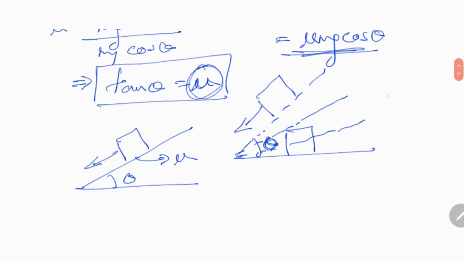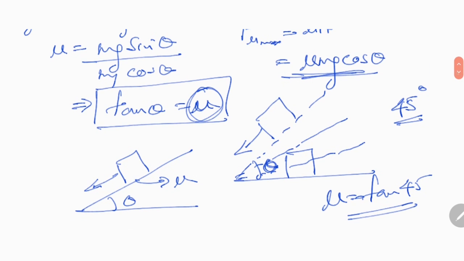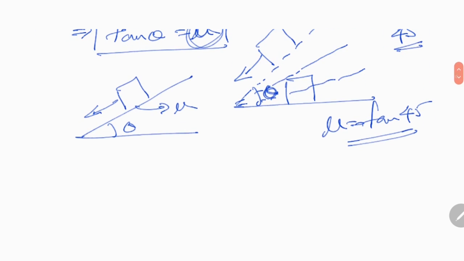So let us say if this is, for example, 45 degrees, then mu will be equal to tan 45. Please understand this concept. It's a very, very important concept which we will use further as we keep solving more problems on friction.